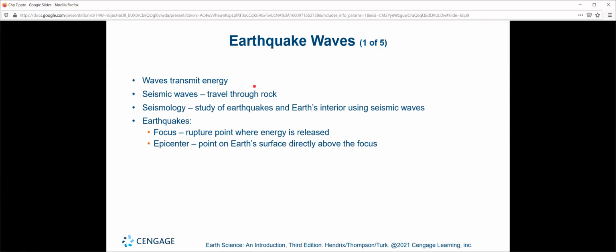Earthquake waves. Waves are essentially the transmission of energy. Sound waves is the energy that your mouth produces, affecting the air, reaching your eardrums, vibrating like a diaphragm, right? You produce that energy when you talk. If you clap your hands, you're still producing energy.